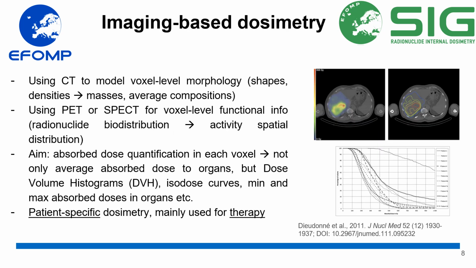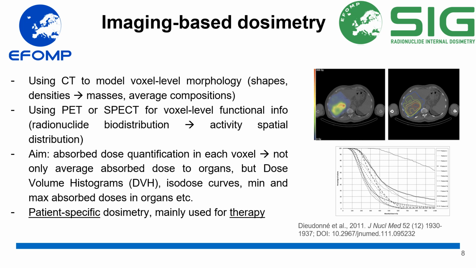The third type of dosimetry is imaging-based dosimetry, in which computed tomography scans are used to model the patient morphology at voxel level, enabling to assign masses and compositions to each of them. PET or SPECT scans are instead used to model the voxel level activity distribution from the radionuclide biodistribution.